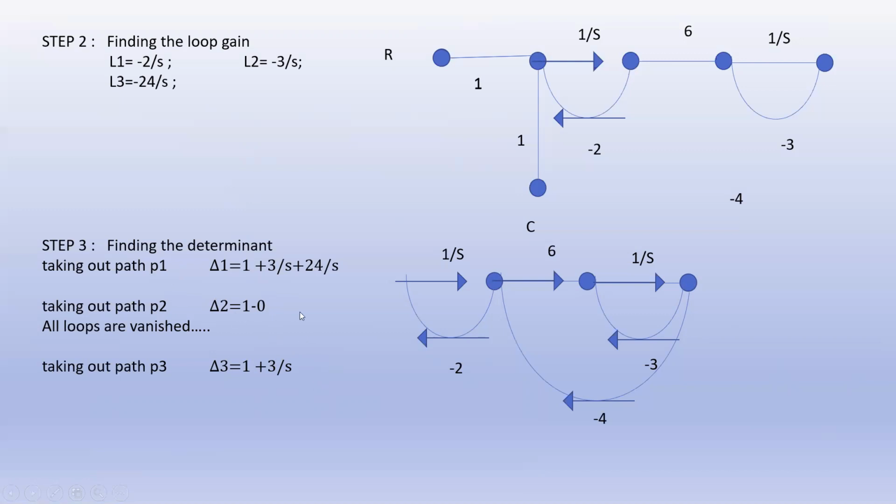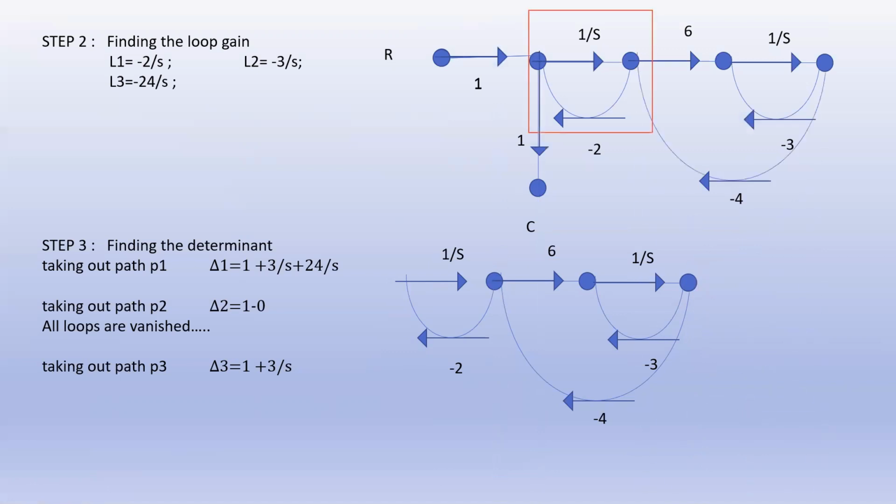Now we have to find the entire determinant of the signal flow graph. How do we do that? Based on the formula. The entire determinant of this signal flow graph is 1 minus the summation of individual loop gains plus the summation of products of non-touching loop gains.